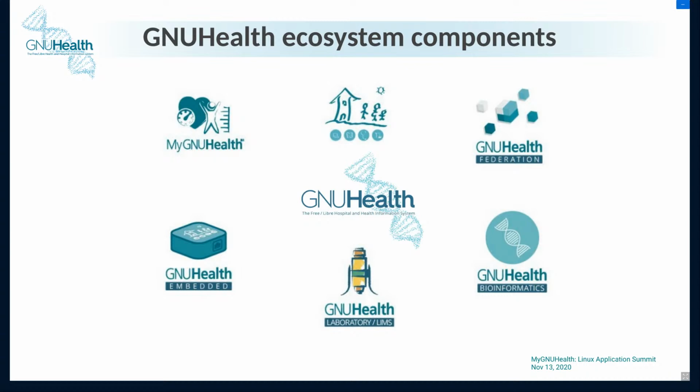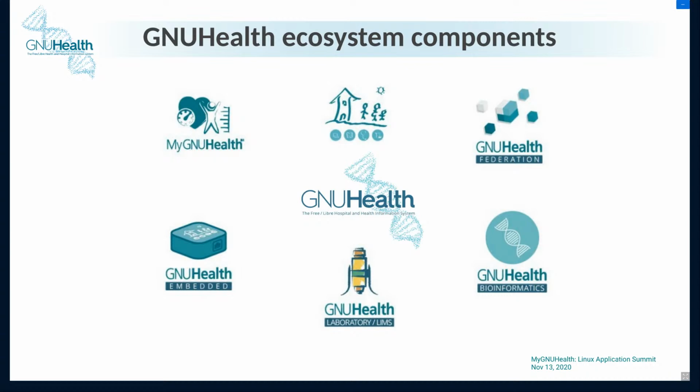So GNU Health, as I said, is an ecosystem. It's a set of programs that do different tasks. So we have the Hospital Information Management System, we have a laboratory, and we'll be talking today about the personal health record application.